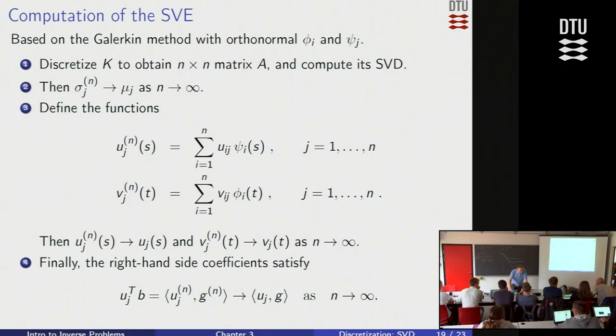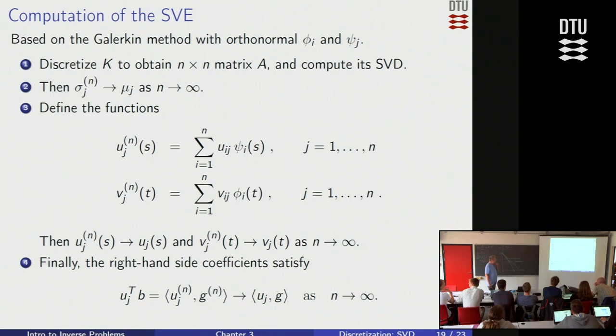Right, so that defines some functions. And sure enough, these functions that we just defined using the singular value decomposition converge to the actual singular functions from the singular value expansion. Isn't that nice? I think that's totally nice.